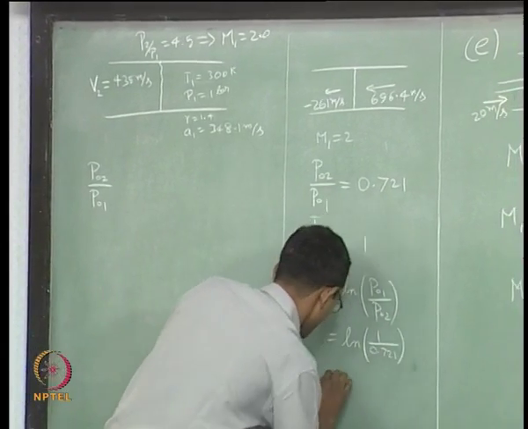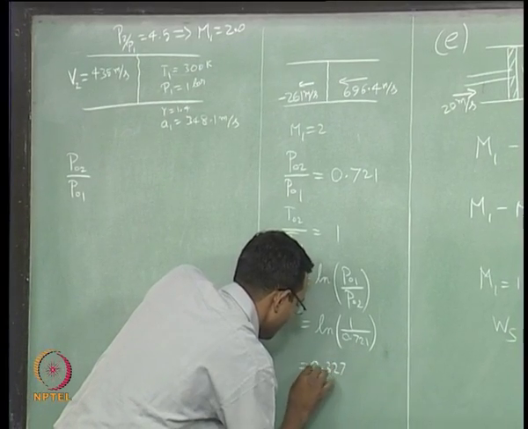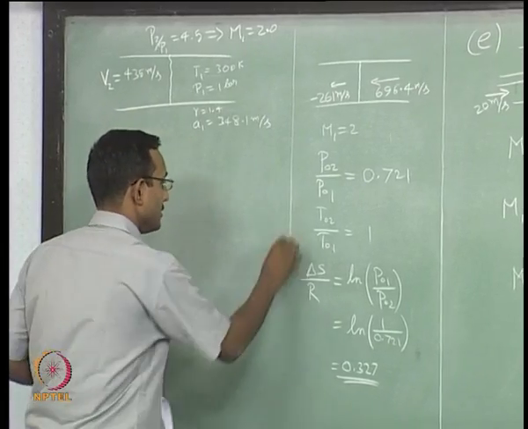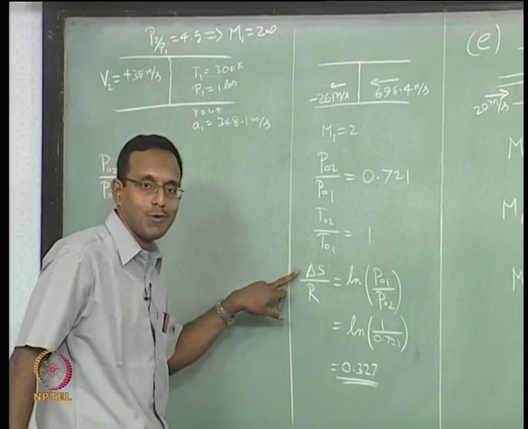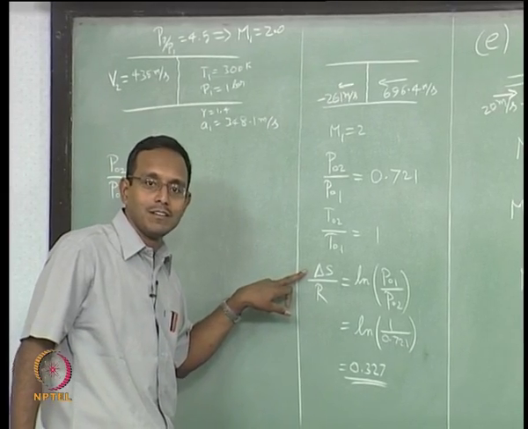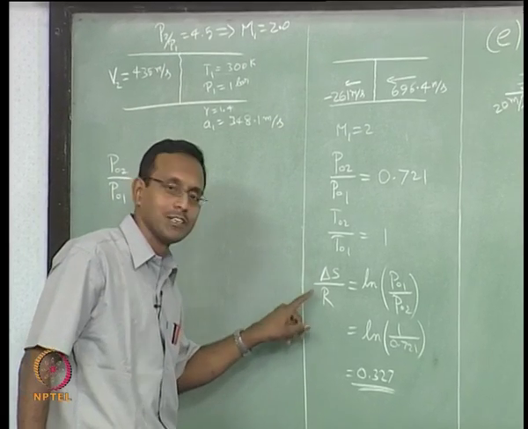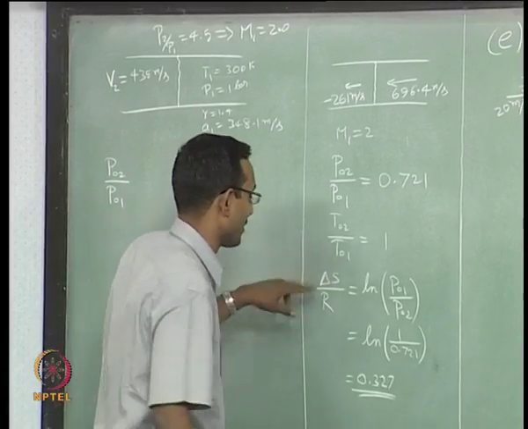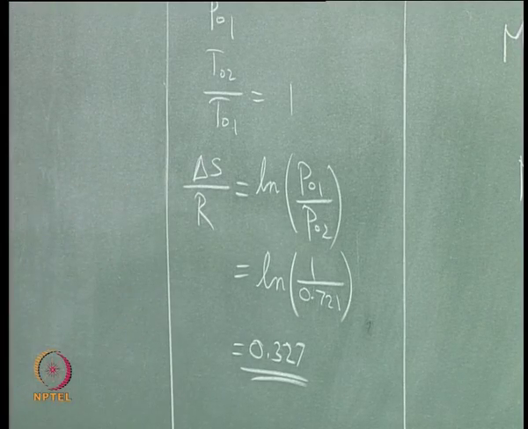It happens to be 0.327. This is one way of solving. Now, depending on what units of S I want, per mole or per mass, we did that kind of exercise already. Per mole or per mass, depending on that, I will use the correct R here, 8.314 or 288.6, whatever needed. We will not deal with that, I just want to look at the ratio right now.